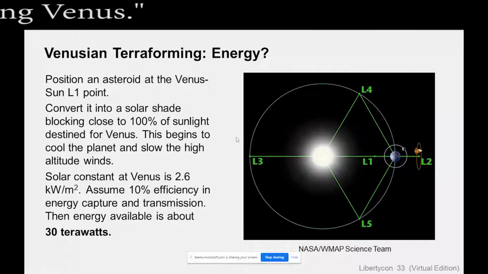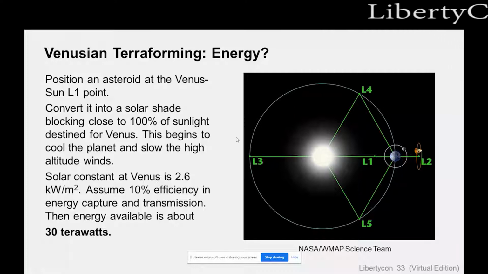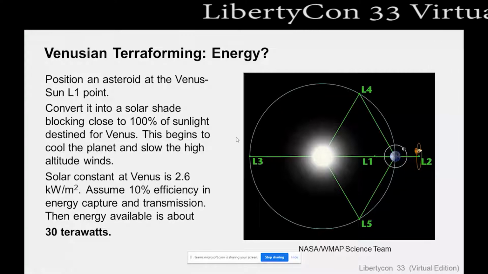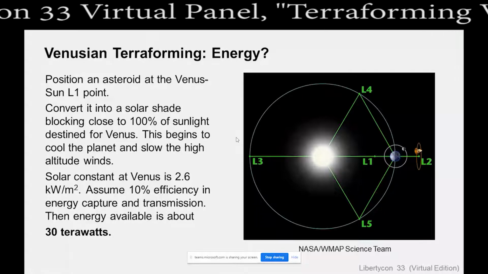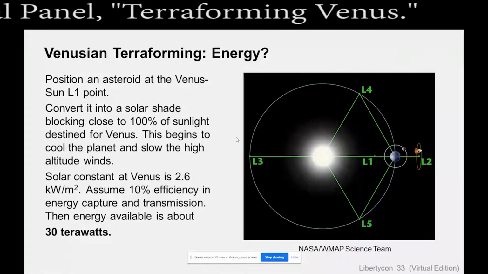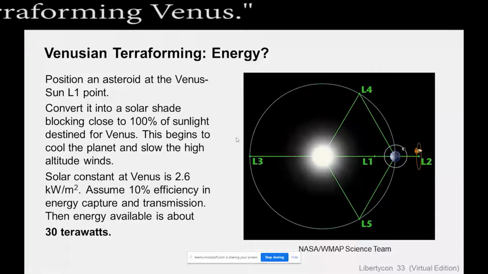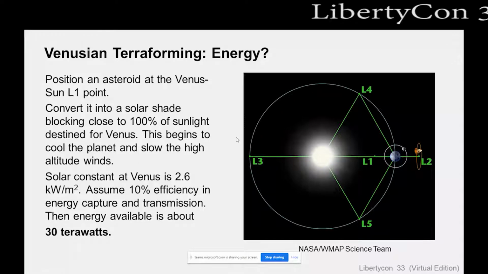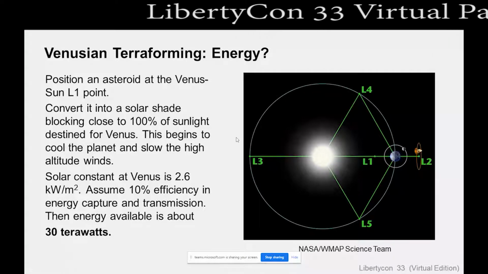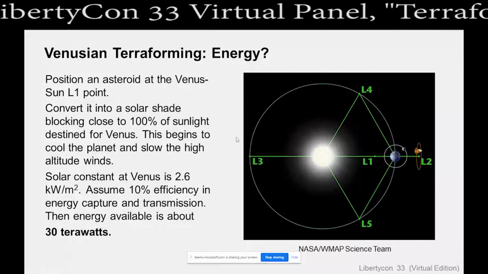If that thing happens to be very big, it can actually block some of the sunlight that would otherwise hit the planet. So sometimes we refer to this object as a solar shade. And if it's big enough, it could actually block 100% of the sunlight that would otherwise hit Venus. This is going to be a useful technique for a number of terraforming schemes that we're going to talk about here.